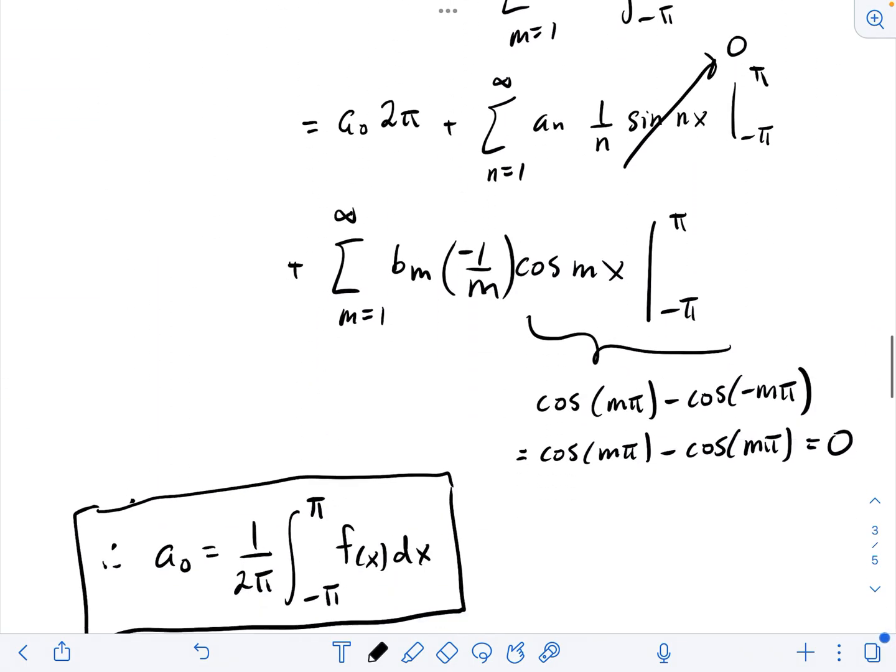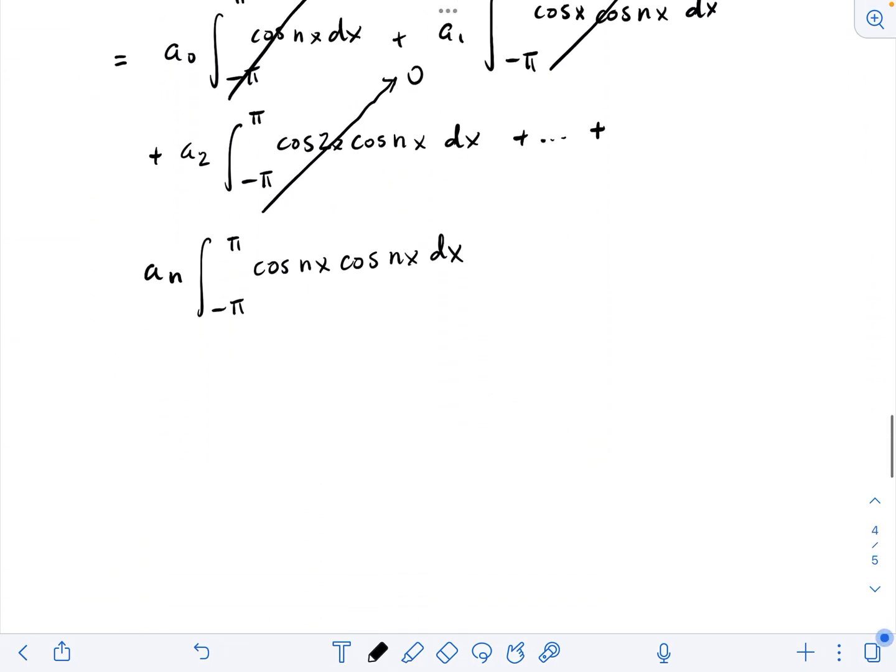And so all of this is going to be pi. And then we'd have cos((n+1)x) times cos nx, and that would integrate to 0. This is the only term that survives in the cosine series.